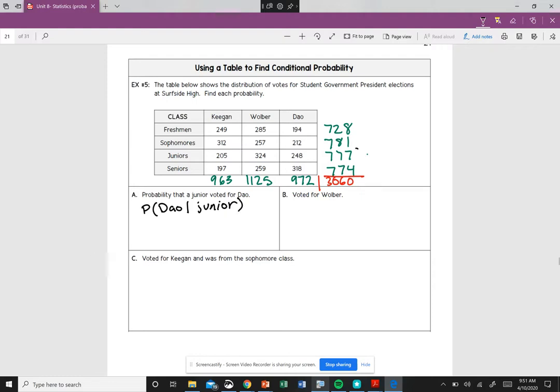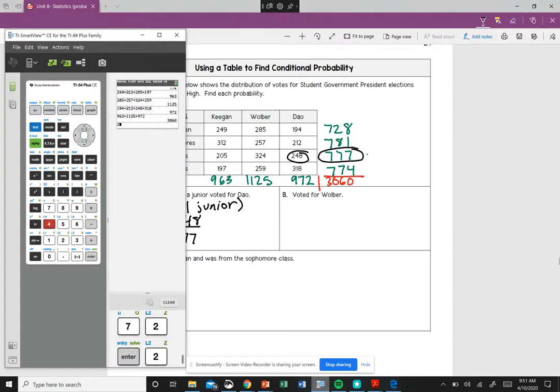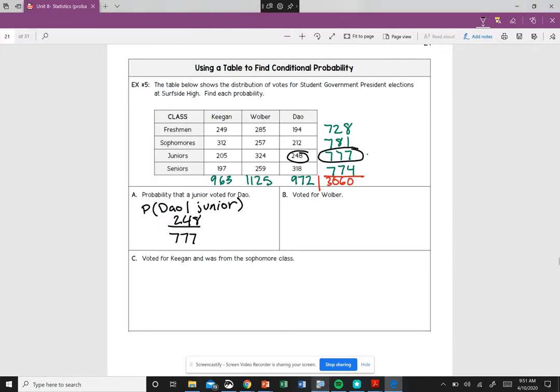So given that they're a junior, that's 777 votes in total, and only 248 of those voted for Dow. So I pull out my handy dandy calculator, 248 divided by 777, and I get 31.9%.